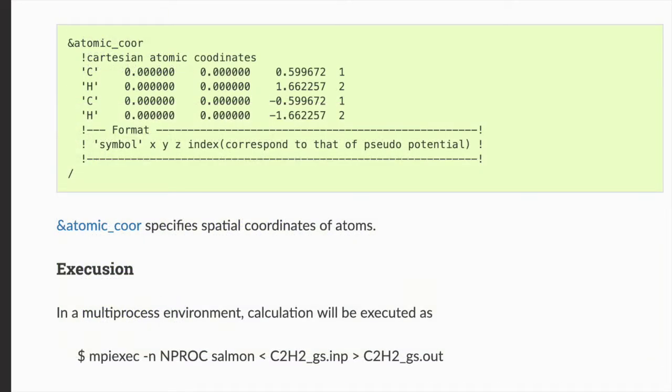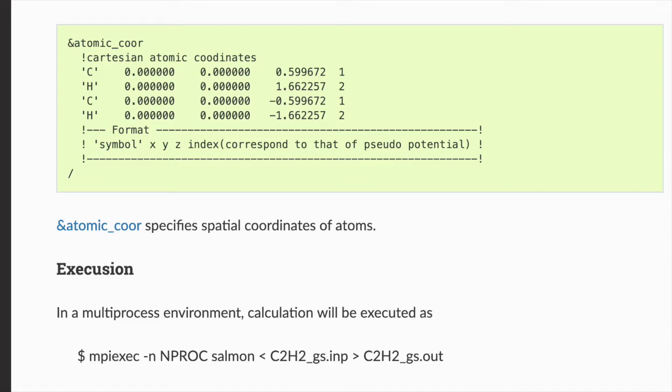Finally, &atomic_coor specifies the position of atoms. Because the acetylene molecule has 4 atoms, the data is written in 4 rows. In the first row, C is the symbol of the atom, and the 3 numbers that follow specify the X, Y, and Z coordinates of the atom.